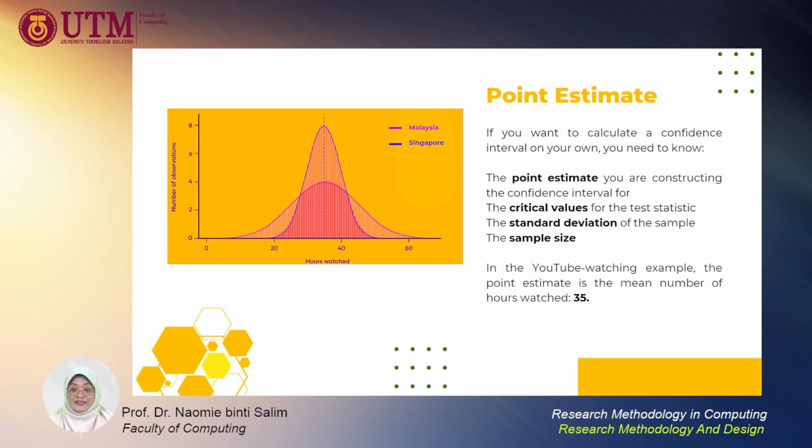For you to calculate the confidence interval, you need to know the point estimate you are constructing the confidence interval for, the critical values for the test statistics, the standard deviation of the sample, and also the sample size. In the YouTube watching example, the point estimate is the mean number of hours watched. For example, for both Malaysia and Singapore, the mean number of hours watched from the data that you have collected is 35.